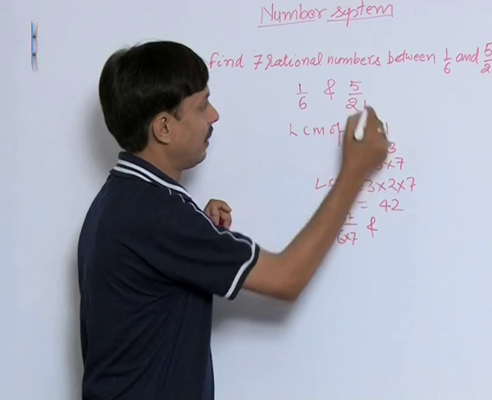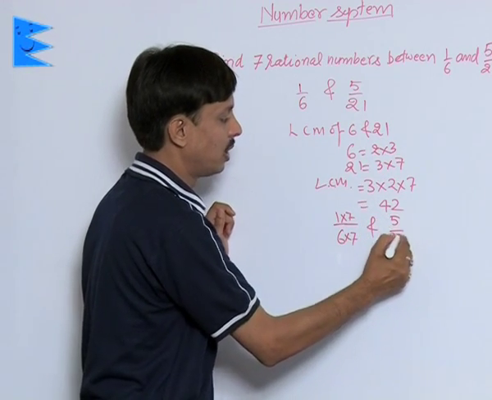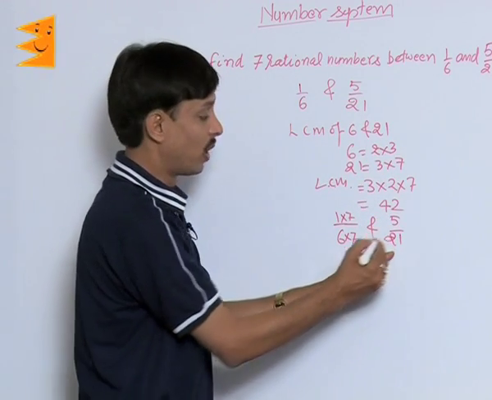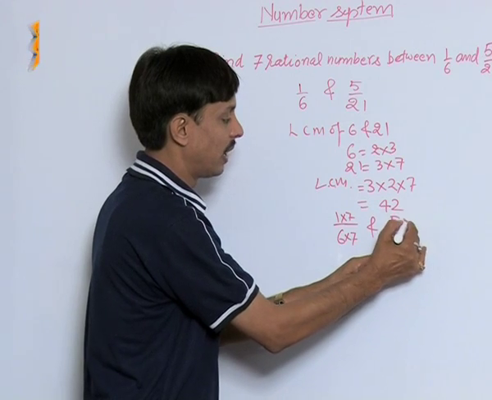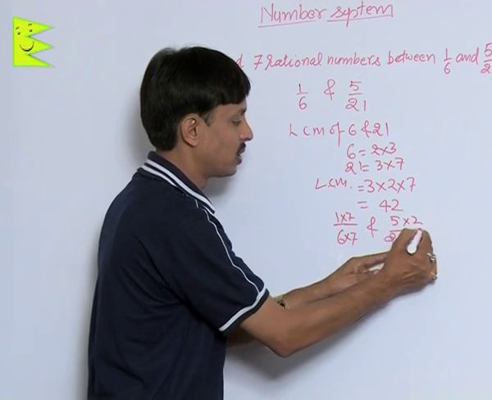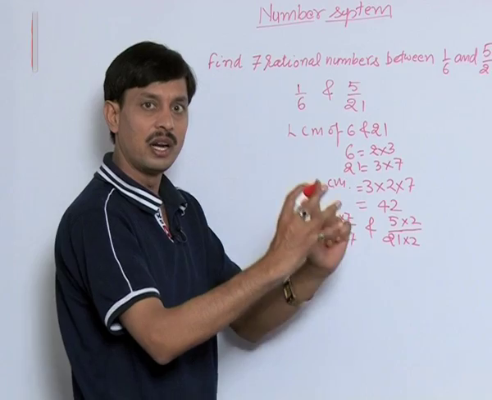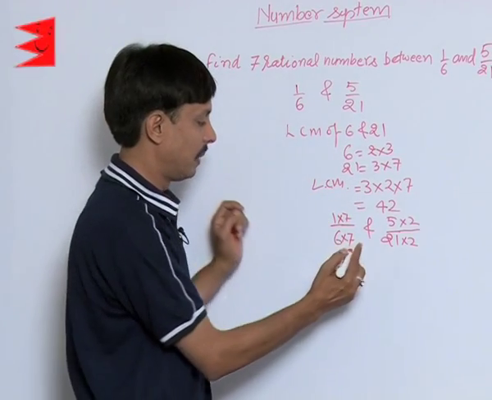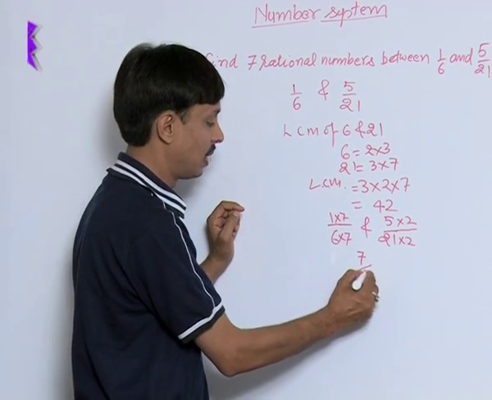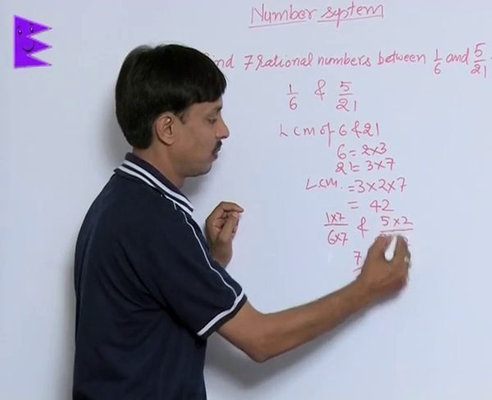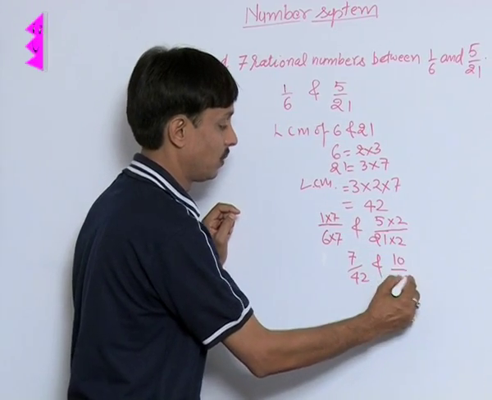Now we have 5 upon 21. To make it 42, what we need to do is multiply it by 2, and we will multiply the numerator also by 2, because I want to keep the value of the rational number the same. So this converts to 7 by 42 and this converts to 10 by 42.